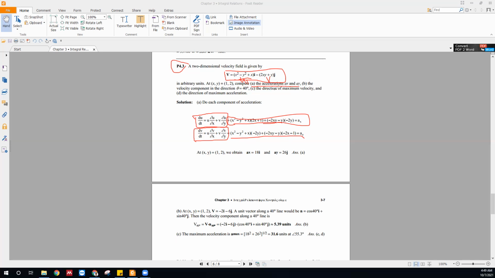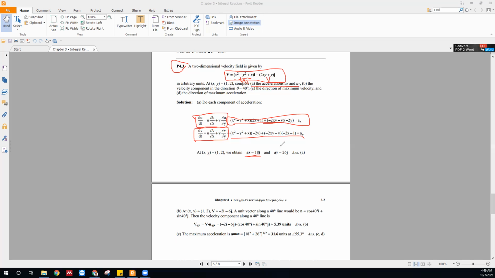So it says that at position 1 and 2, we need to calculate the ax and ay. So if we put the values x and y equal to 1, 2, then you should get ax equals, you put the values of x and y, you should get 18i, right?